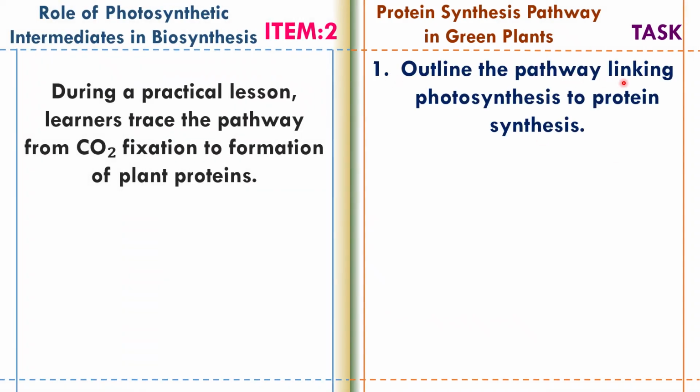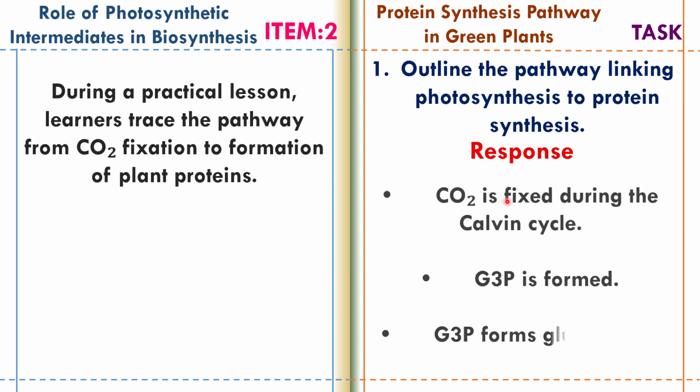Outline the pathway linking photosynthesis to protein synthesis. Carbon dioxide is fixed during the Calvin cycle. G3P is formed.